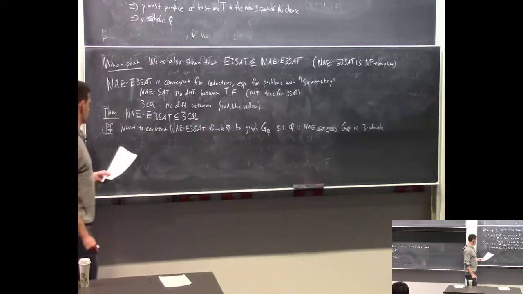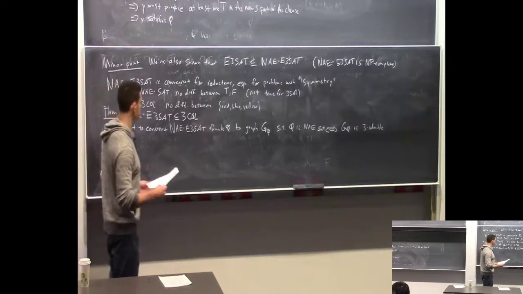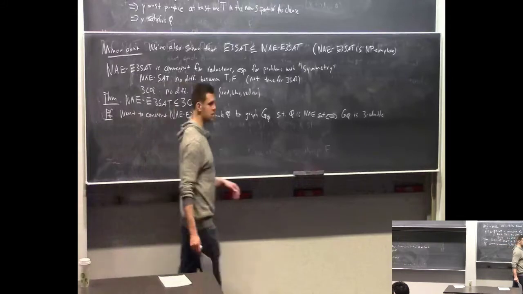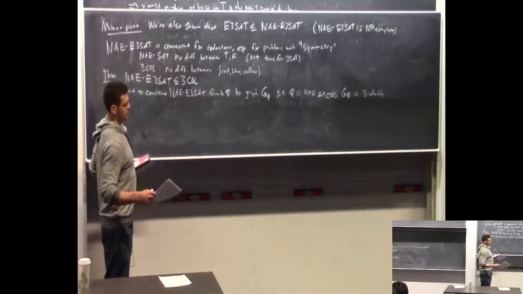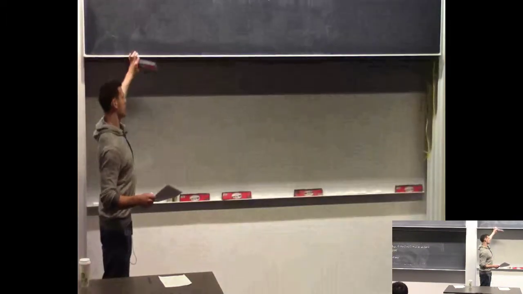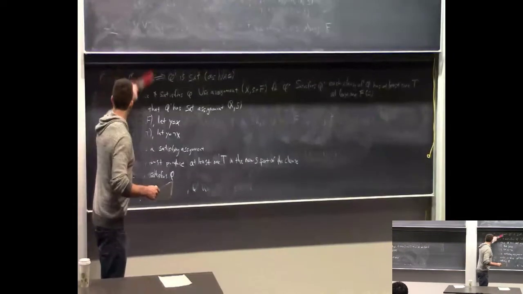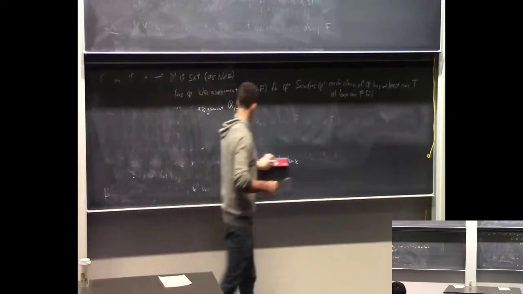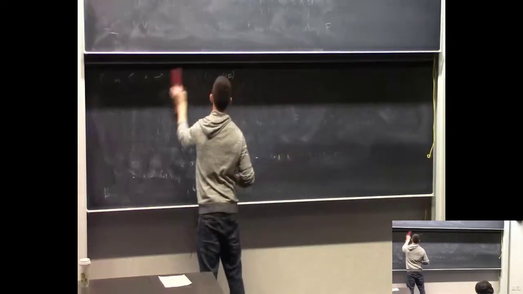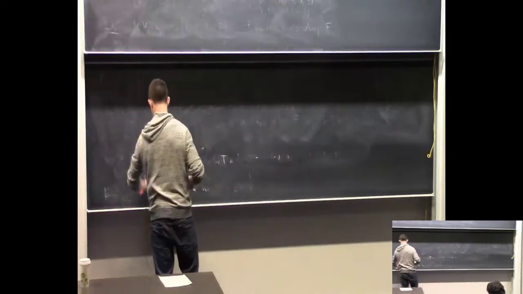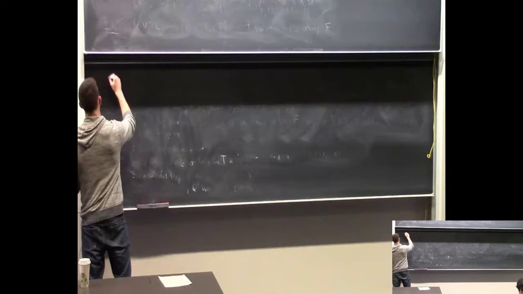How are we going to do this? Well, we're going to do this in 2 steps. And the idea is similar to what we did in the first reduction, where we wanted to add an extra variable and always make it false. A similar sort of thing will happen here. We're going to develop this in 2 steps.